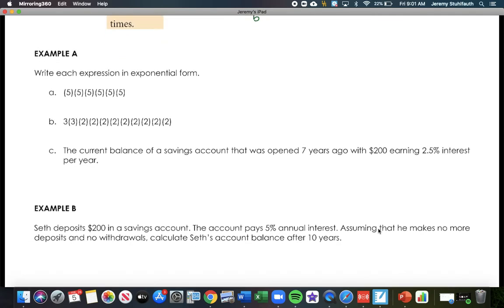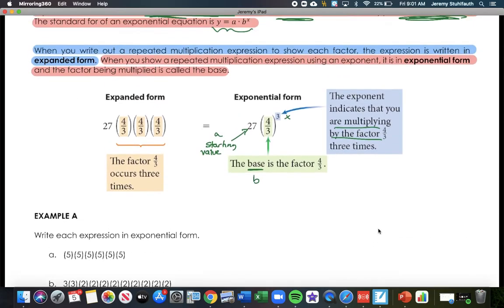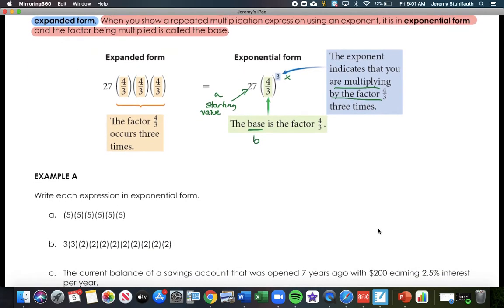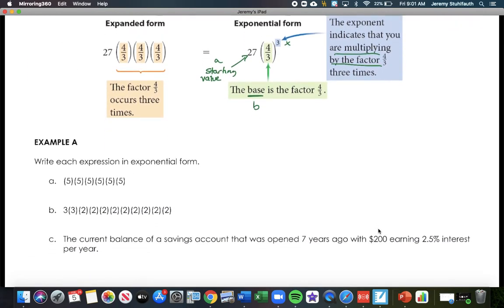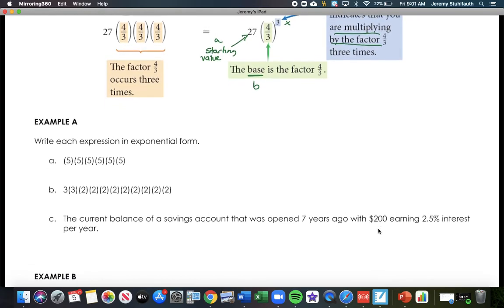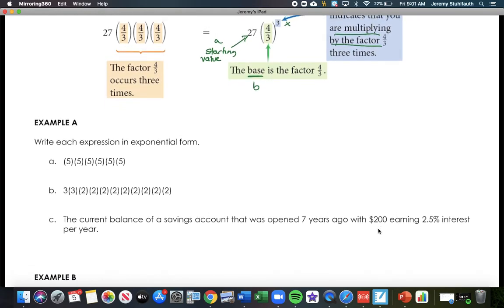In this first example, we're going to practice just by taking each of these expanded forms and writing them as an exponential form. So if you look at this, we are multiplying by the factor of 5, 1, 2, 3, 4, 5, 6 times. So this would be equivalent to 5 to the 6th power.